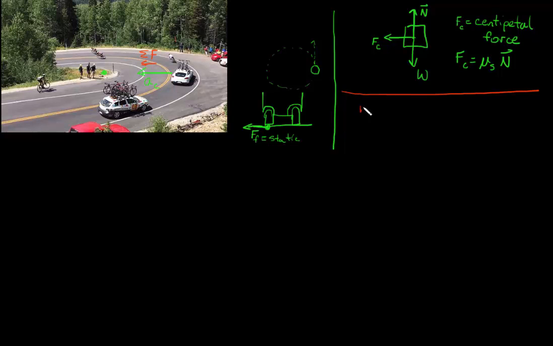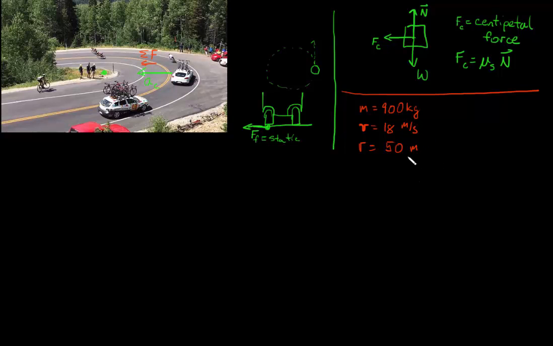Let's say the mass was 900 kilograms. The velocity the car is moving at is 18 meters per second. And the radius of the curve, measured from where the car is to the center of the turn, is going to be 50 meters.